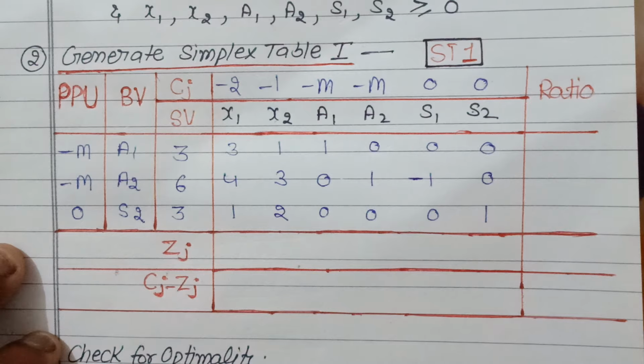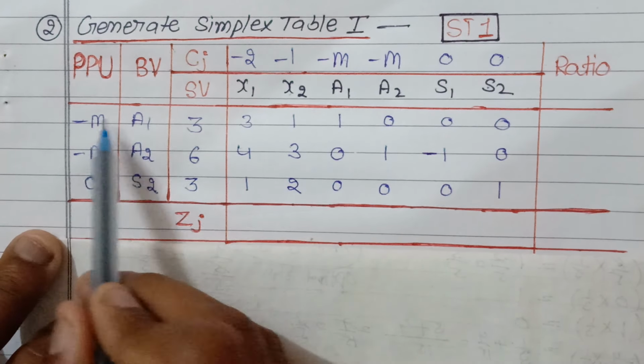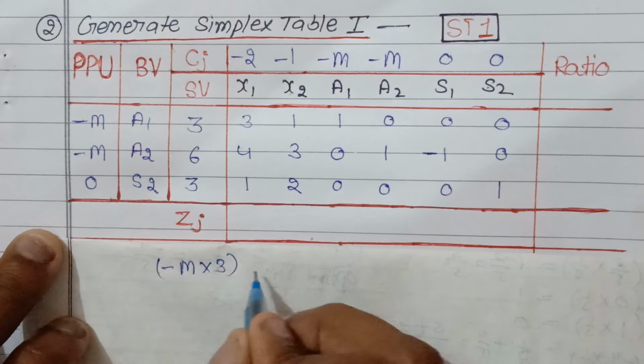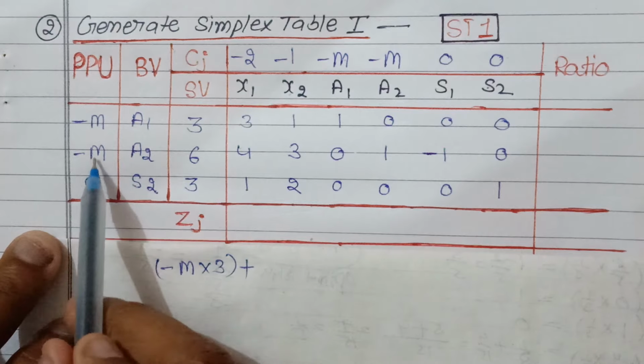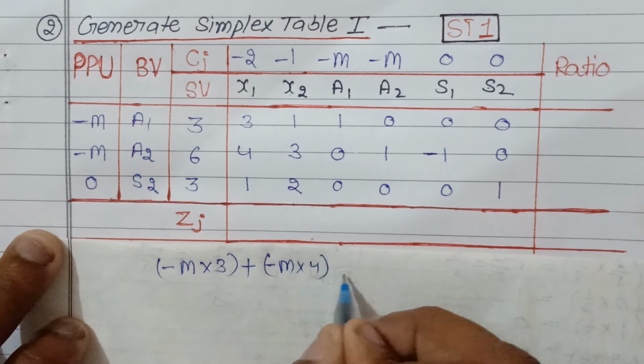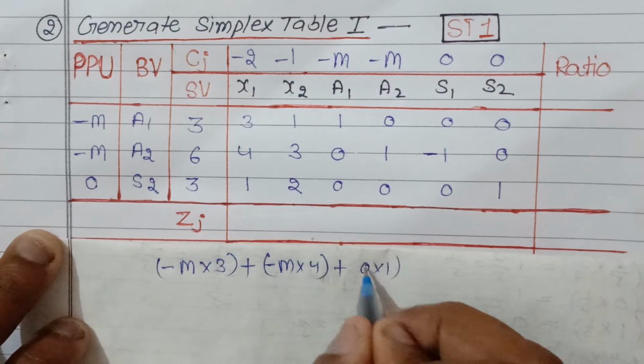To find the value of Zj, multiply this value with this one, minus M into 3, then make a plus sign, then multiply this value with this, minus M into 4, then multiply this value with this, and then solve the equation.